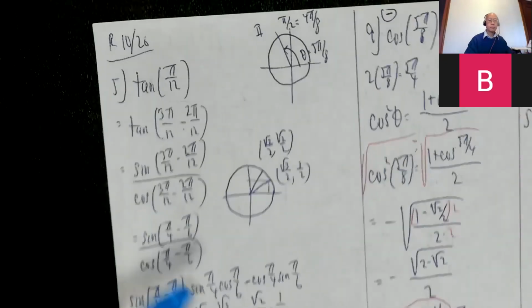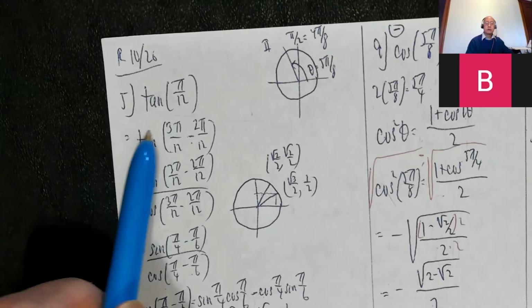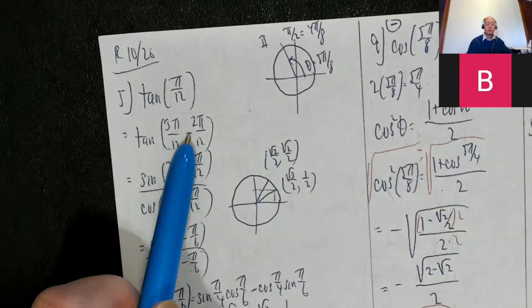Could we go back to number 5? Could I see your work for that one more time? Number 5, tangent of pi over 12. Let's see what I did with it. Write it as tangent of 3 pi over 12 minus 2 pi over 12.